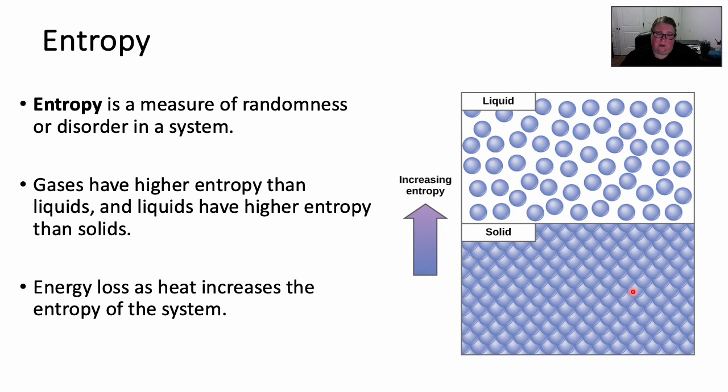As we go from solid to liquid, we increase in entropy, and as we go from liquid to gas, we increase in entropy. This is all because we are increasing the energy in the systems, causing them to move more and be more chaotic. So entropy increases as disorder or chaos increases.